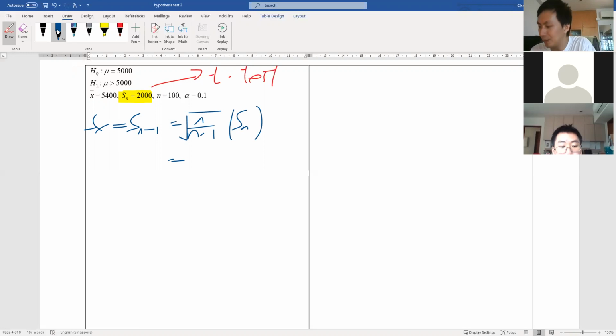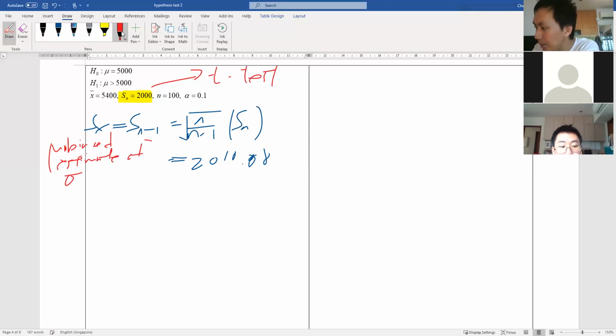So we are looking at 2010.08. This is the unbiased estimate of population standard deviation. Remember, we can never say this is equal to sigma. We are only saying this is the unbiased estimate only. We will never know what is the actual value of sigma.